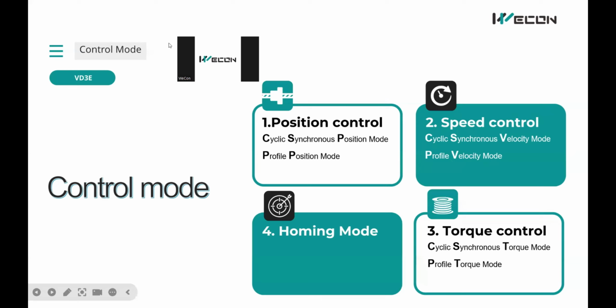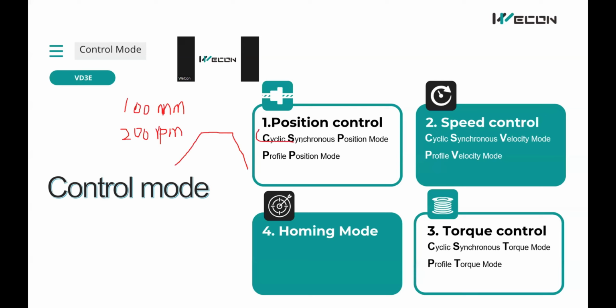So for example, our target position is maybe 100, and the target speed maybe, for example, 200 RPM. And then the curve may be like this one.